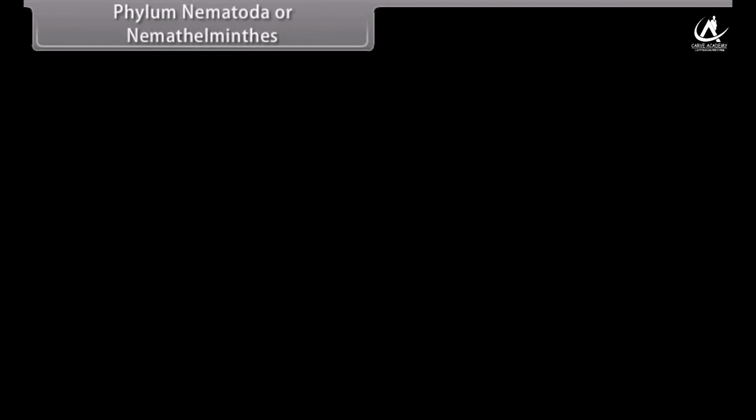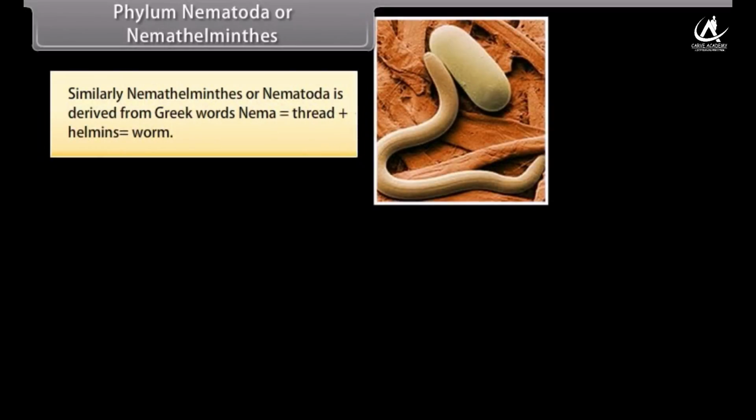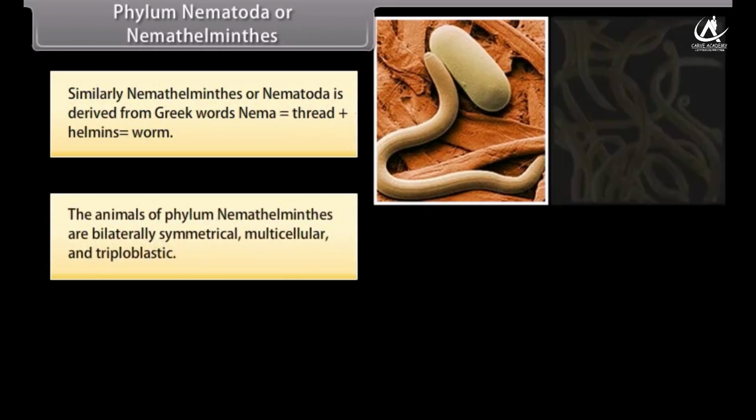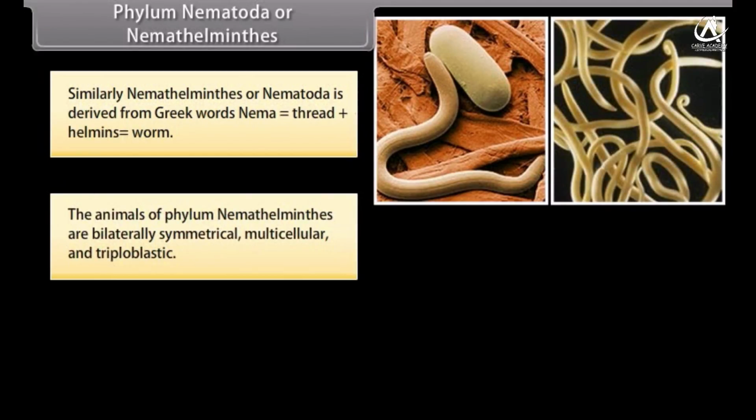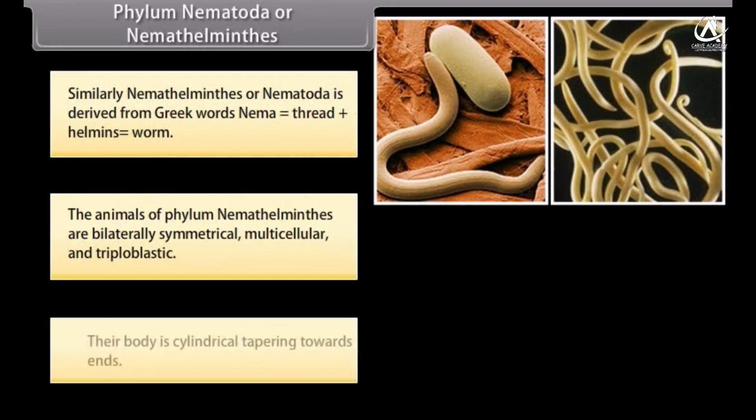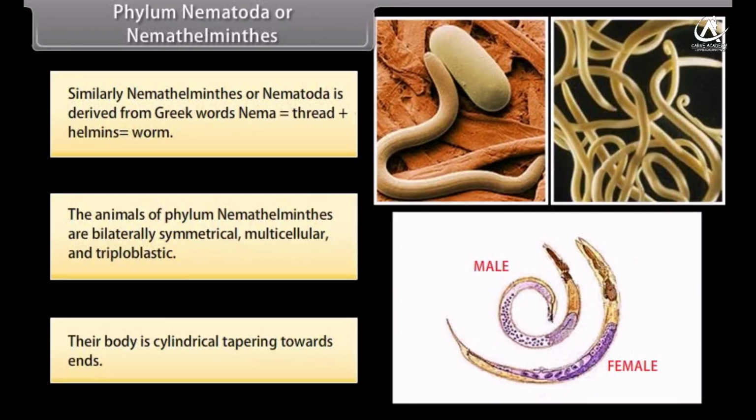Phylum Nematoda or Nemathelminthes. Similarly, Nemathelminthes or Nematoda is derived from Greek words nema, which is thread, plus helminths, worm. The animals of phylum Nemathelminthes are bilaterally symmetrical, multicellular, and triploblastic. Their body is cylindrical, tapering at its ends.